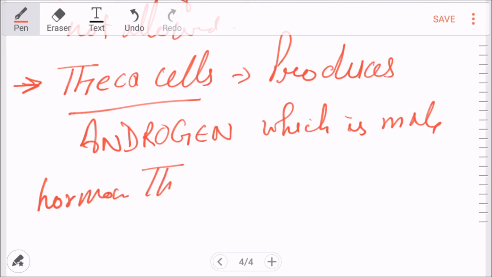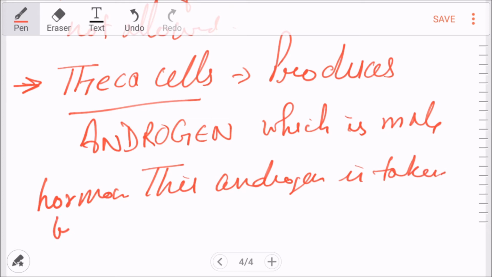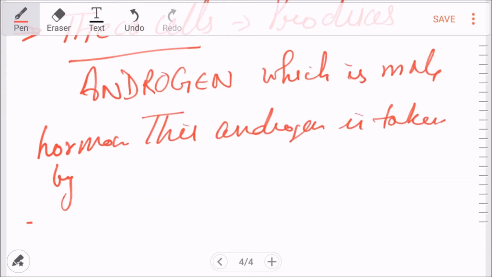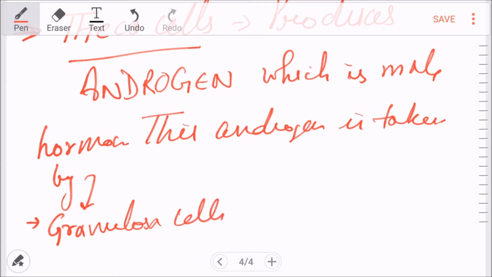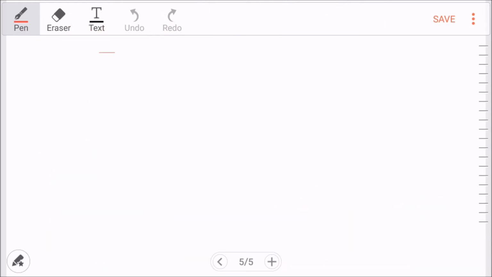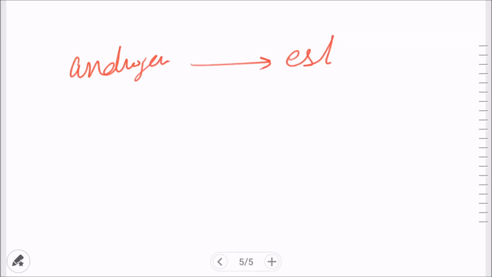This androgen then is taken by third layer, that is granulosa cells layer, which convert androgen to estrogen.